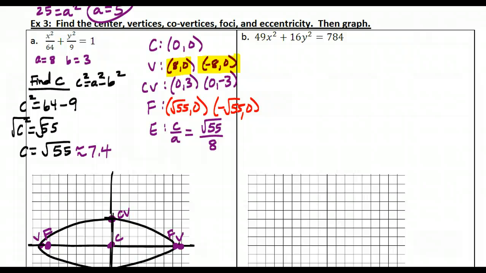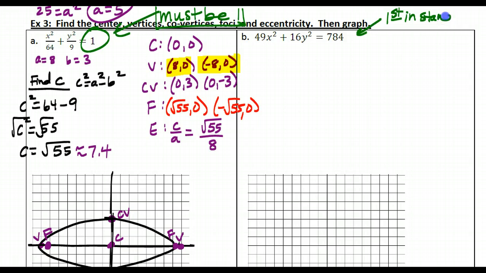So if I look at example B, the thing is, I have to have this number right here as 1. That must be 1. So I need to write this in standard form by dividing off that number. And it seems crazy, maybe, but it's 784 because I need to make it so that this is a 1 right there.